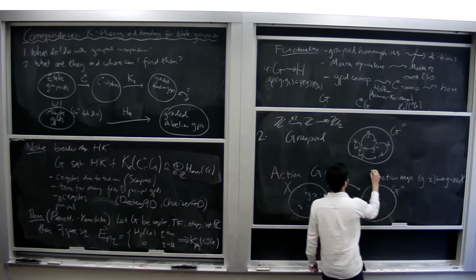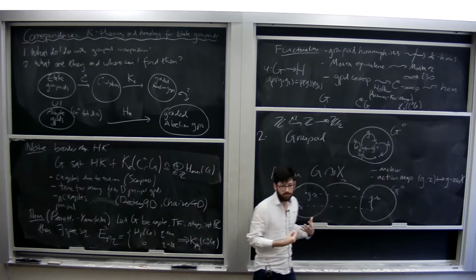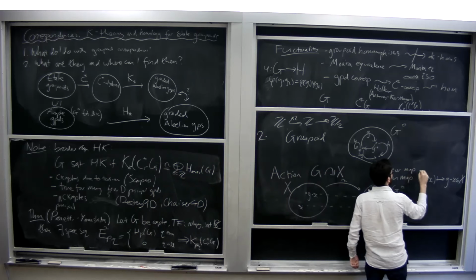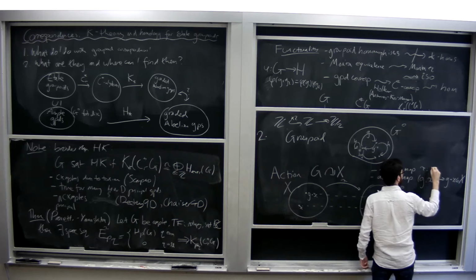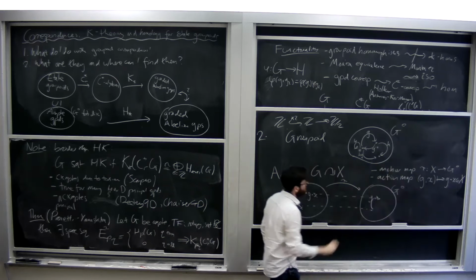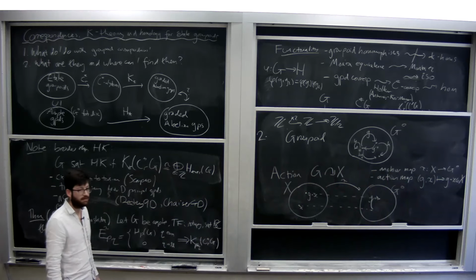Okay, so actually, a groupoid action has two pieces of data. It's an anchor map and an action map. This takes a bit of getting used to. It's a bit weird.